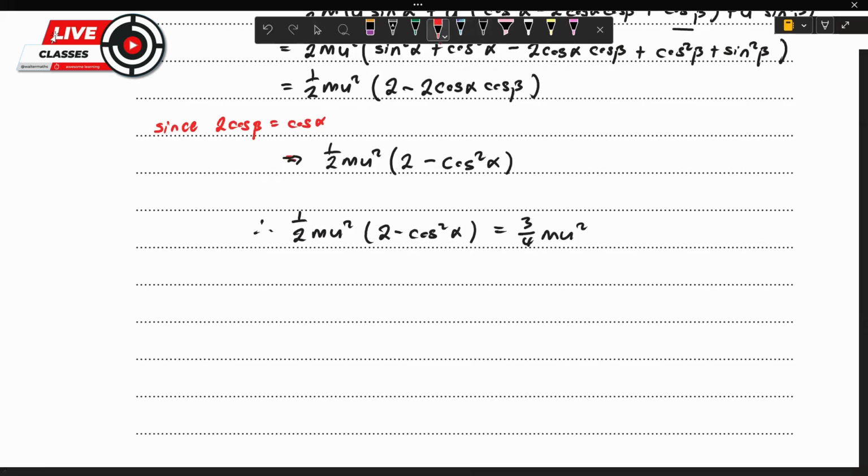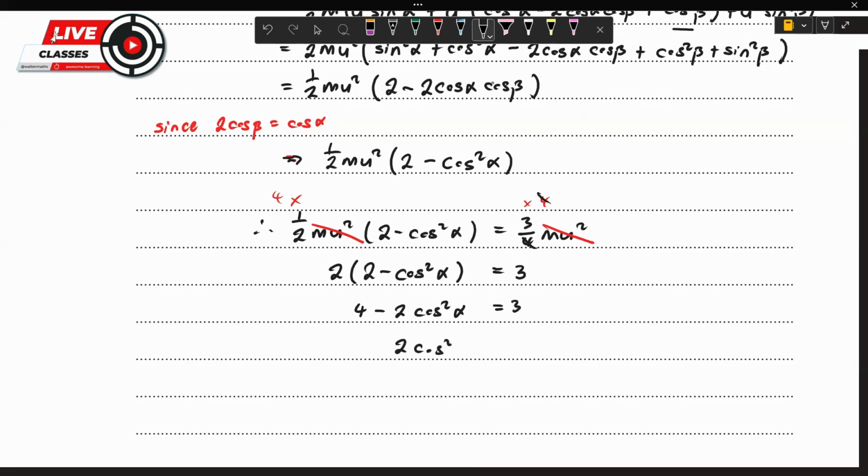All right. And automatically the mu squared will cancel out, and we are left with half of this. I'll just multiply both sides by 4. And we'll be having on the left side 2 of 2 minus cos squared alpha is equal to 3. And from here, that's 4 minus 2 cos squared alpha is equal to 3.